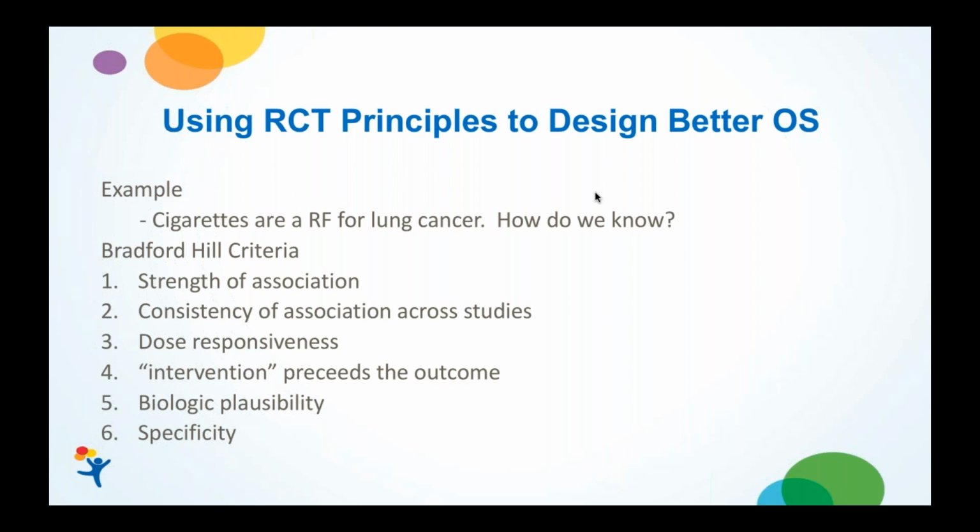So which of those things is actually causing the lung cancer? It's really not any one of these things, but as many as you can check off on the list as possible that would strengthen your idea that there's a conclusion to be made between an exposure and an outcome in an observational study design.